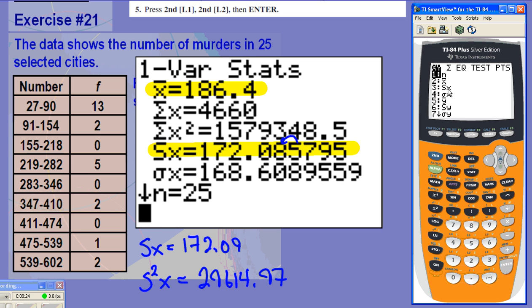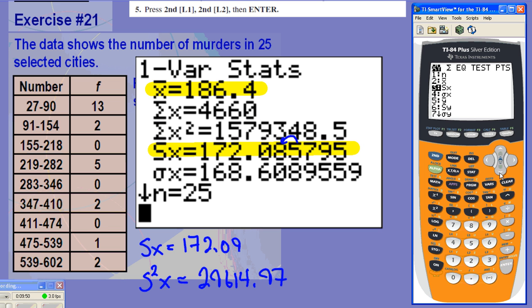So I'm going to go down to number 3. I get to number 3, I'm going to press enter. That brings my standard deviation to the home screen. If I press enter right now, you'll notice it pulls up my standard deviation. So if I wanted to square that, I'll go back there. I go vars, down to number 5, so you can see this again. And I go down to number 3.